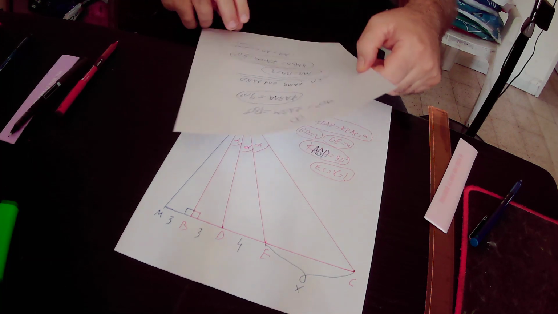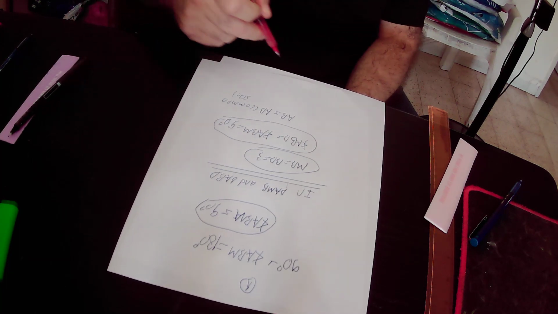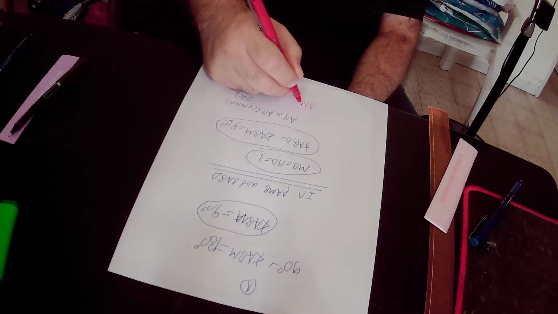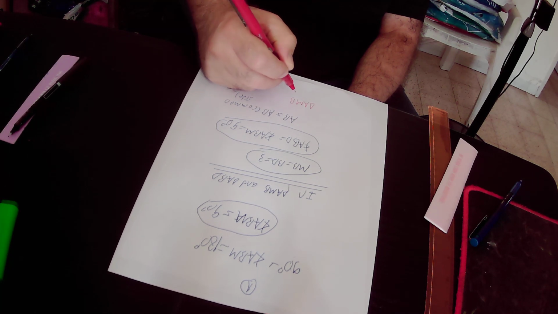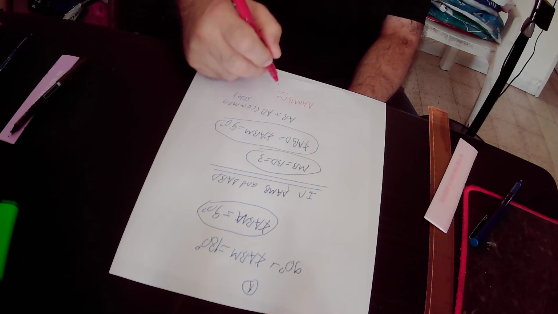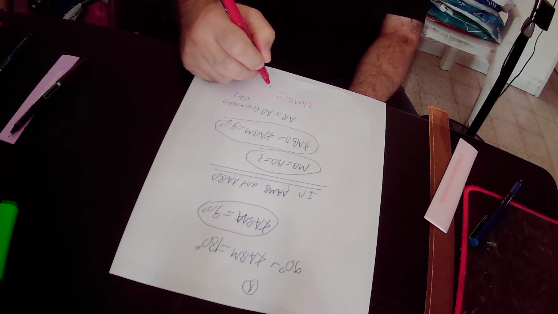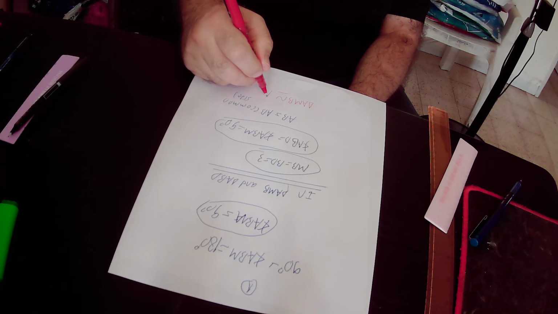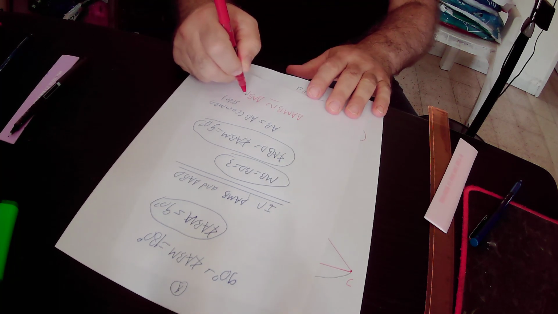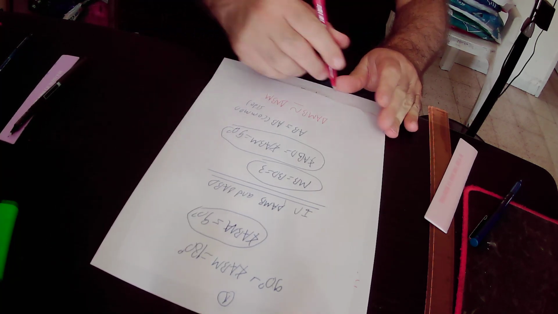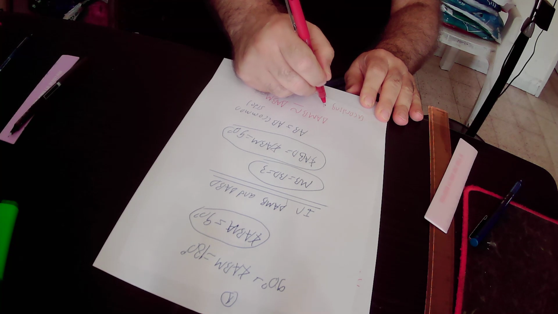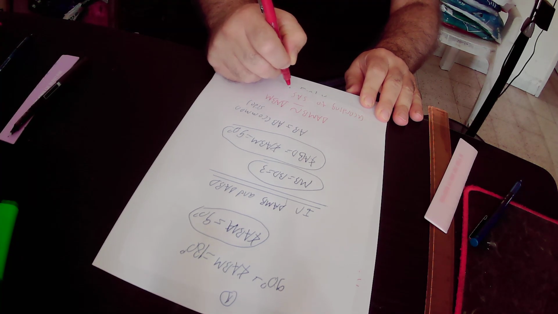Okay, so I will write it down. Triangle AMB, this is the sign of congruent, to triangle ABD according to the side angle side rule.